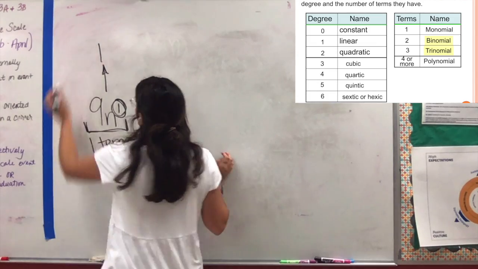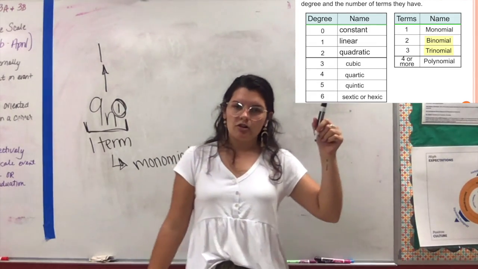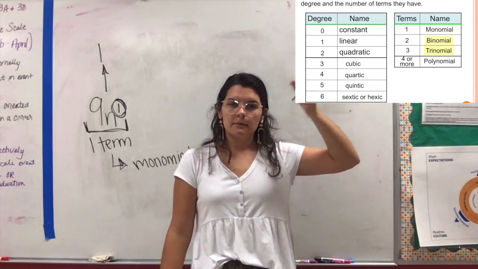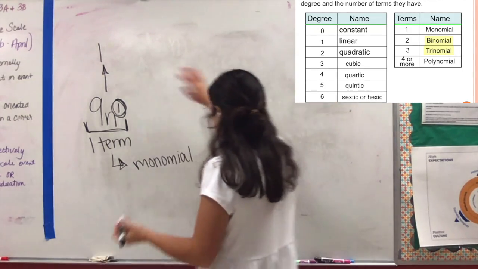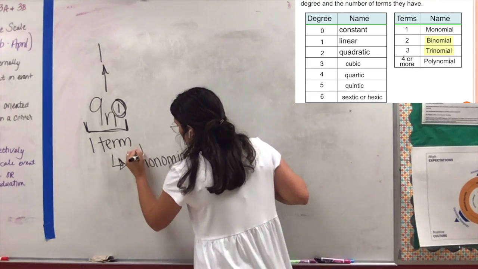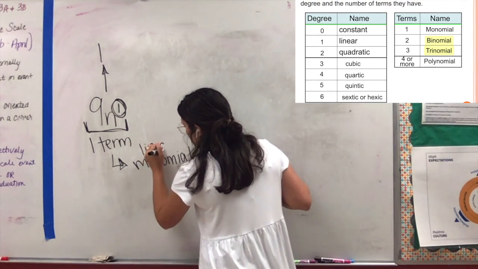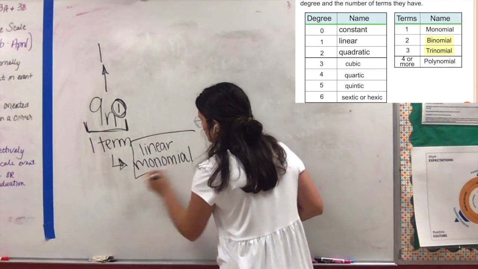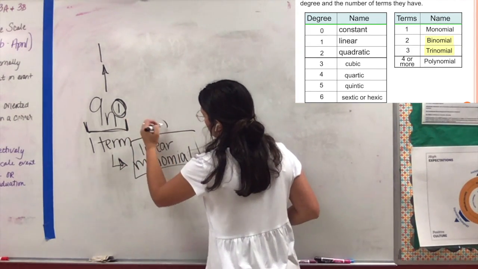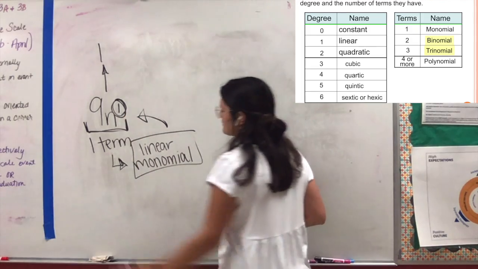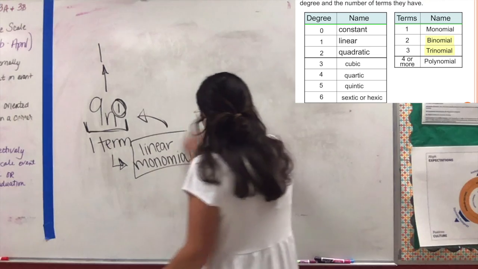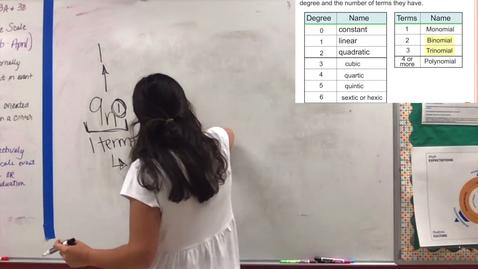Degree equals 1. Now, if we look at our chart, we see that when we have 1 degree, it's going to be linear. So this is going to be a linear monomial. This is going to be the name of this, a linear monomial.